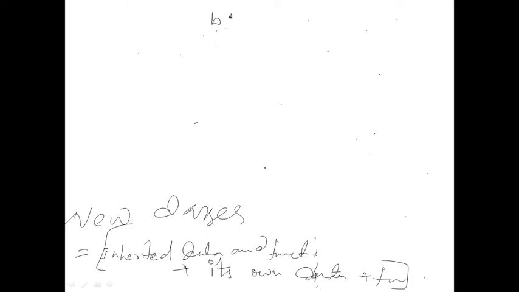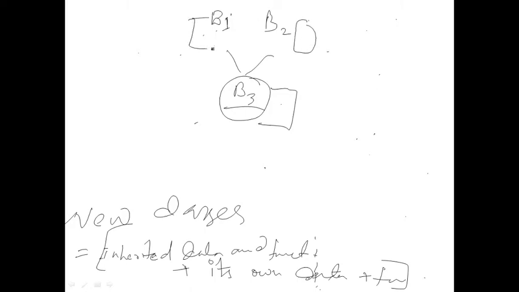So bike 1 and bike 2 can be used to create another bike called bike 3. So this will hold some of the properties from this, and some of the properties from that.